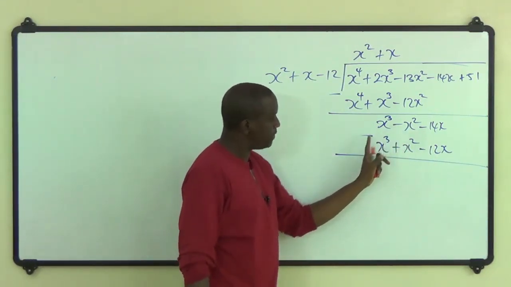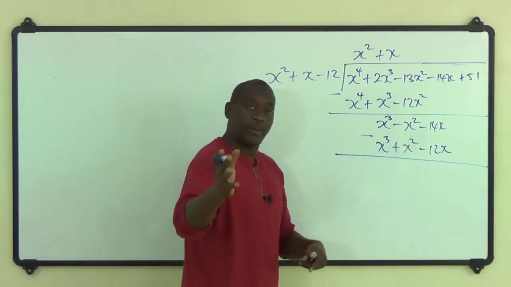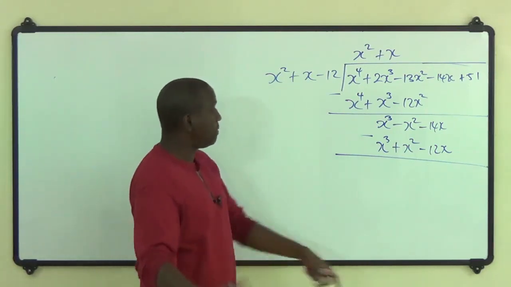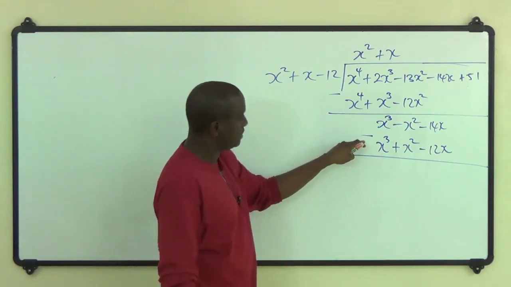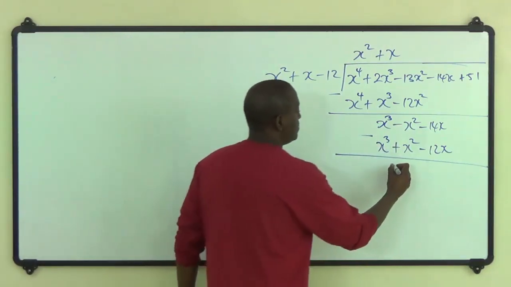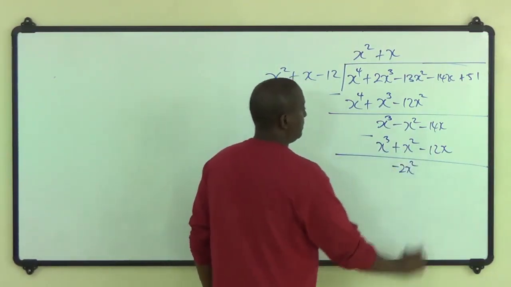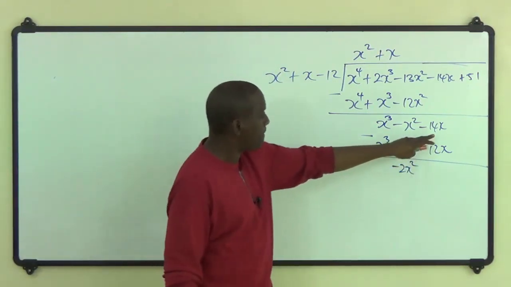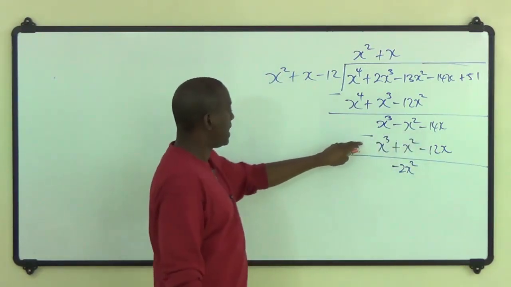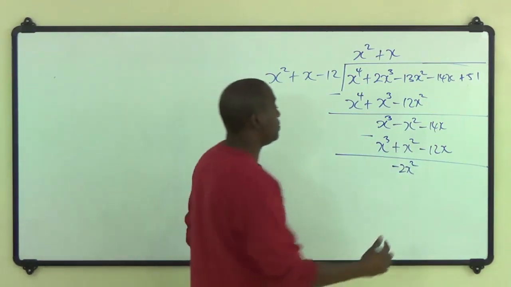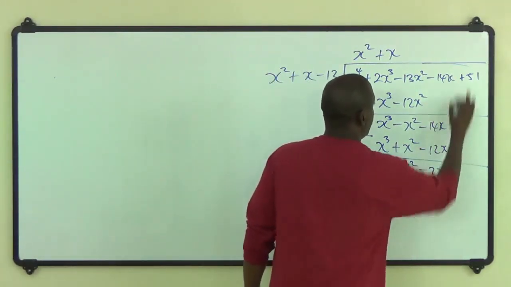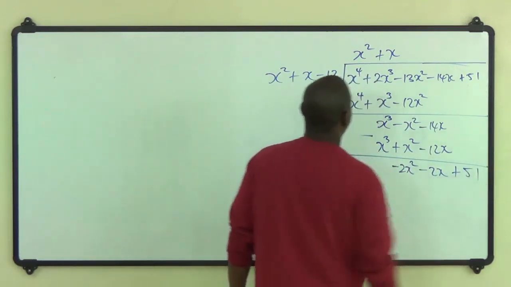Minus x squared minus x squared is minus 2x squared, and minus 14x plus 12x is minus 2x, and then I bring down the 51 from on top.